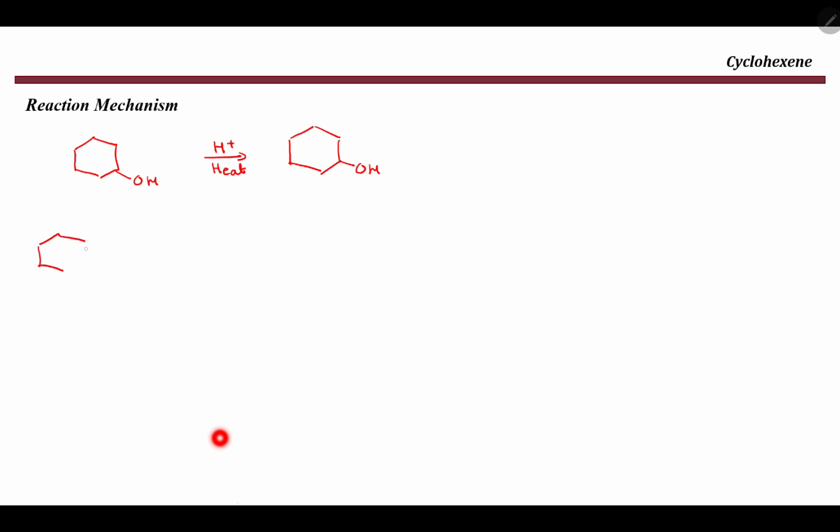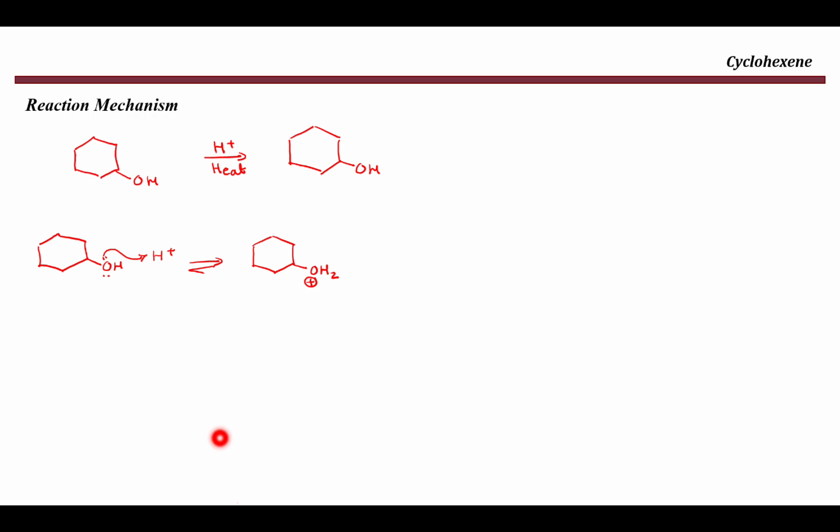The OH group is a bad leaving group. So in order to help kick out this OH group, we have to protonate it first, so it attacks H+. Of course, this is a reversible mechanism. So the first step is protonation, and protonation converts OH into OH2+, which is a good leaving group.